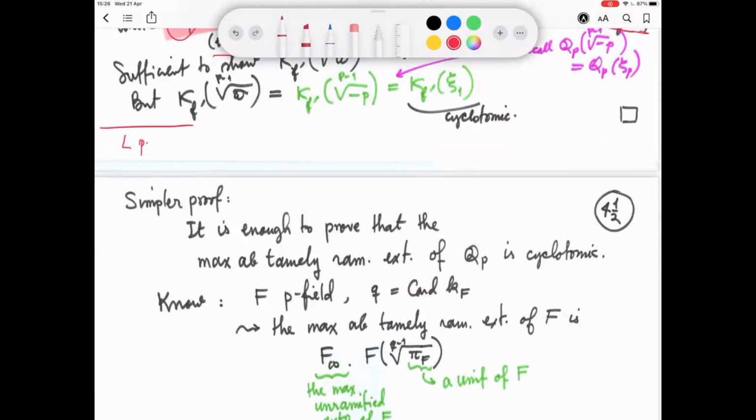That's obvious, because in order to be cyclotomic, you just have to be contained in an extension obtained by adjoining a primitive nth root of unity for some n. If you're contained in such an extension, then of course the smaller extension is also cyclotomic. So you can show that the maximal abelian extension which is tamely ramified over Qp is cyclotomic.